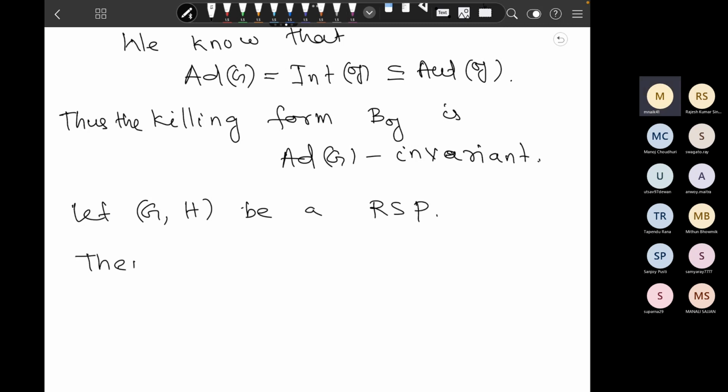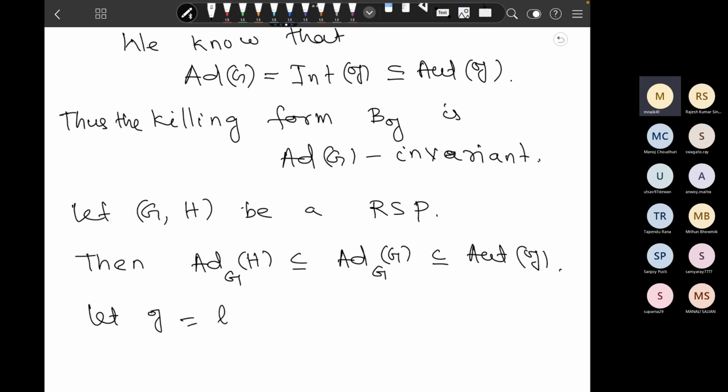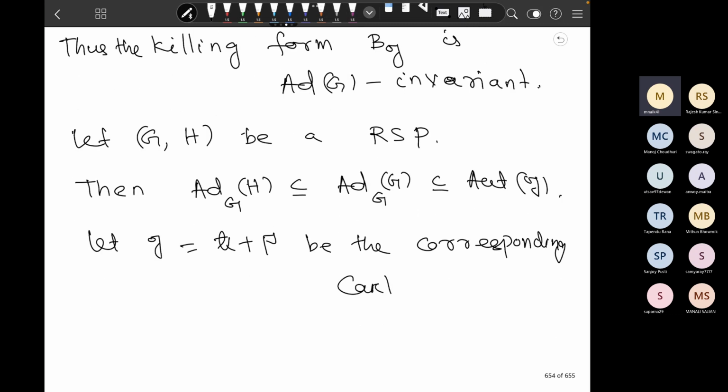Then Ad_G(H) is a subset of Aut(𝔤). Let 𝔤 = 𝔨 + 𝔭 be the corresponding quadratic decomposition.